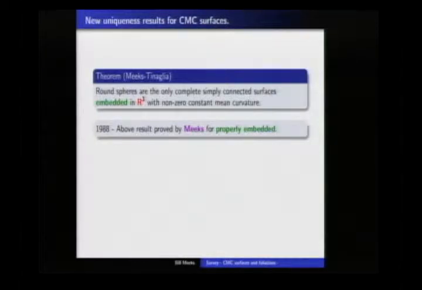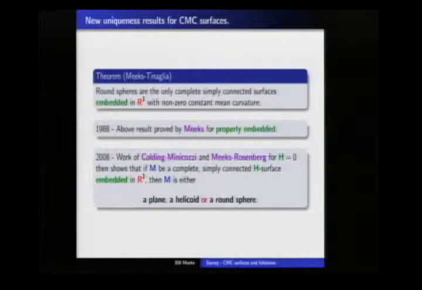So there's a kind of a Calabi-Yau problem involved here. Are complete examples complete embedded? Are they always properly embedded? If they are, we know a lot more things. So at least for minimal surfaces, we did know complete embedded was properly embedded for finite topology. Okay, and then when you're properly embedded, Harold Rosenberg and I, we proved that if you're not a flat plane, then you are a helicoid.